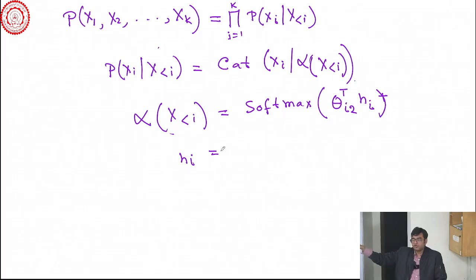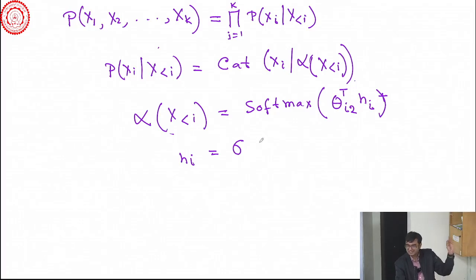So, there is no constraint on the activation for the first layer. There is obviously constraint on the activation of the last layer because it is a categorical multi-class. So, Hi will be equal to sigma, which is a nonlinear activation function. It can be sigmoid, but it is not compulsory that it should be sigmoid.